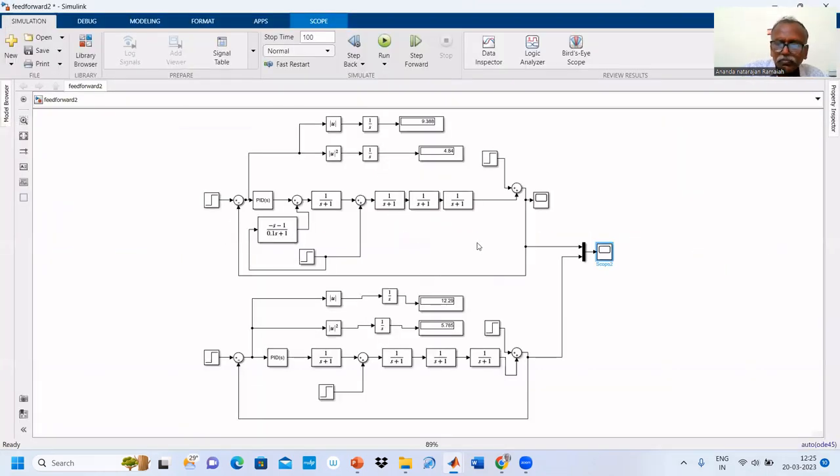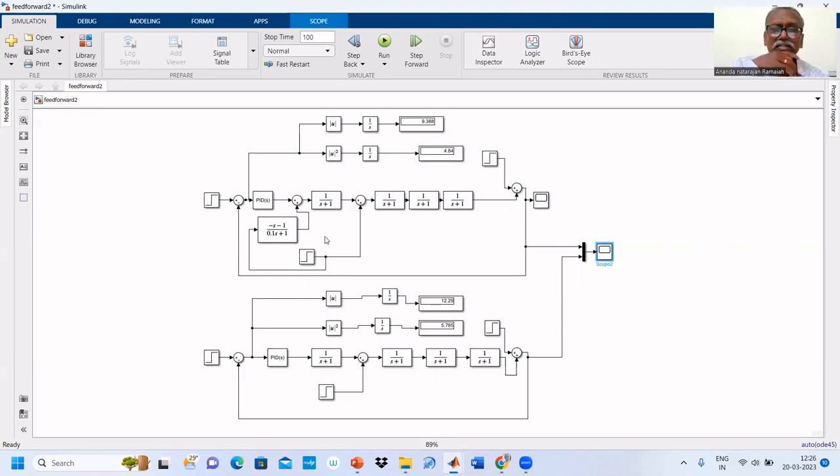So if you see the ISE, IAE, it is 9 for feedback and feed forward. If you use 9, 4.84. Here is 12 and 5. So with the feed forward controller, it gives better dynamics that we can notice.